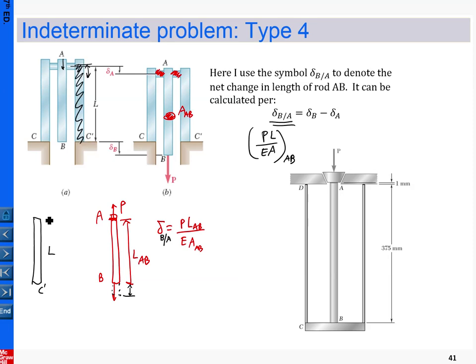Let me take this as L_C', the cross-sectional area A_C', and the same for Young's modulus E_C'. Through this rigid link a force is transmitted, P here, and due to action and reaction there's a P here.